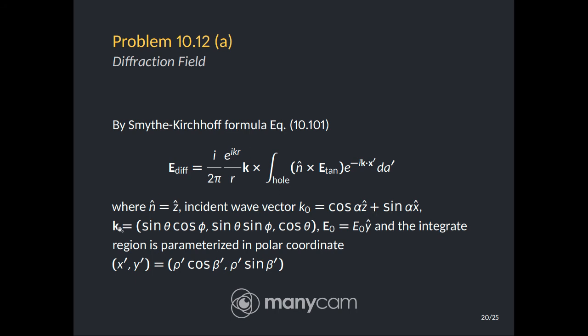And our k vector just uses the ordinary spherical coordinates. Our incident electric field is E0 in the y direction, and the integrated region is parameterized in polar coordinates.